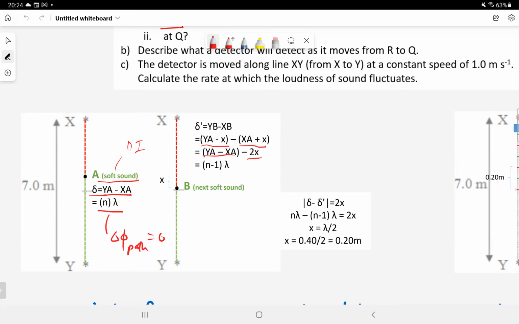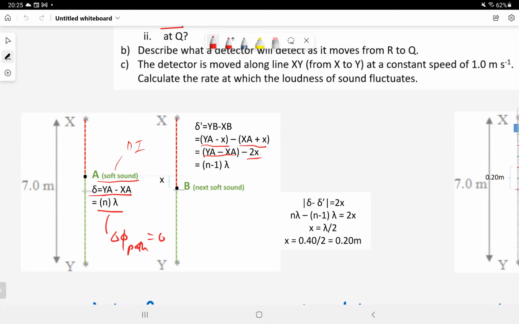So the path difference changed by 2x. And 2x will be equal to 1 lambda, because that is going from one soft sound spot to the next soft sound spot. So that's going from a particular n lambda to n plus 1 lambda or n minus 1 lambda. So the path difference will have changed by 1 lambda, and the path difference is also equal to 2x.